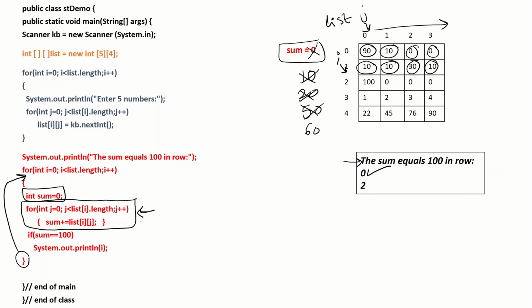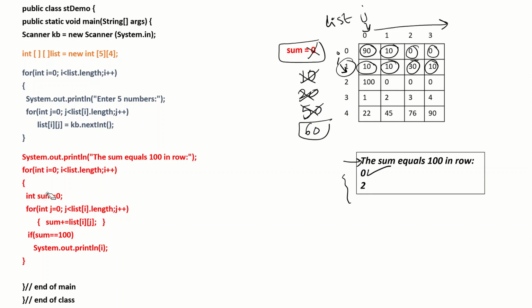Now, once you are done with the calculation of the sum, go and check, is your current sum equal to 100? Our current sum is actually 60, so it's not. So I will not output i, and that's why in the output we didn't have row 1, because in row 1 we don't have summation equal to 100. And we will go to the other rows as well and do the same process.